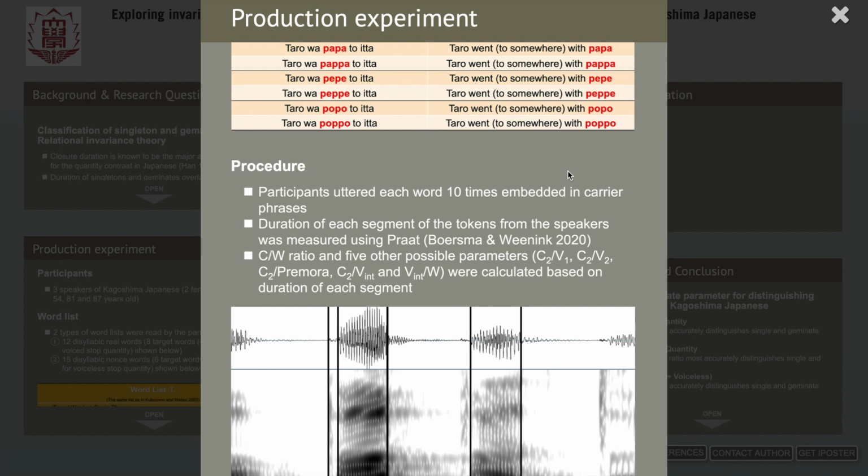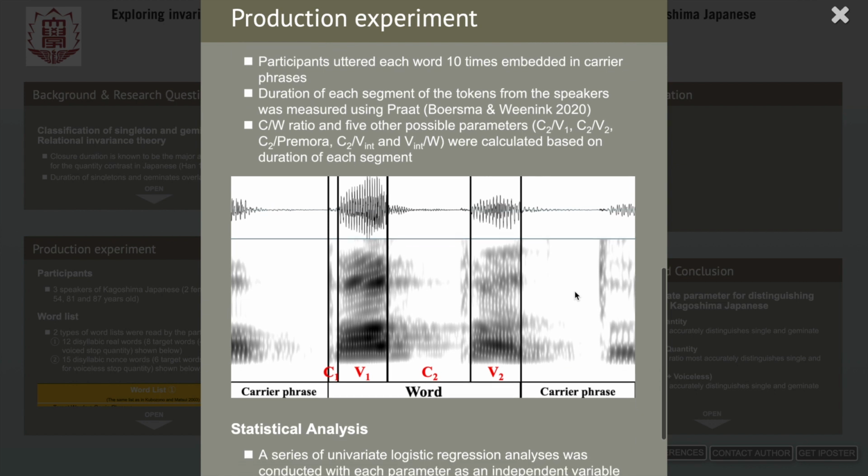Then CW ratio, that means C divided by word duration, and 5 other possible parameters were calculated. Here's an example of the segmentation.